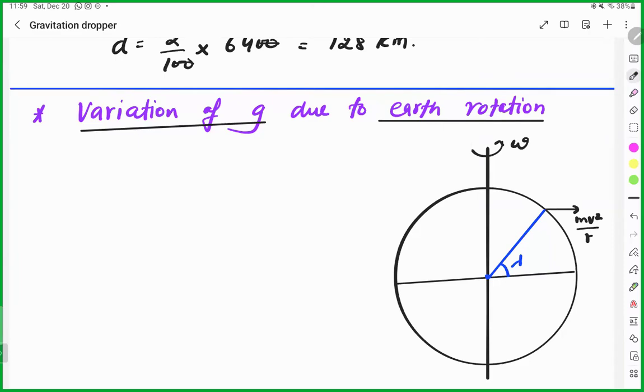If this is lambda, this is also lambda angle. This is the normal, in the outward direction. The radius is R, and for this rotation, the axis of rotation distance we take as small r.